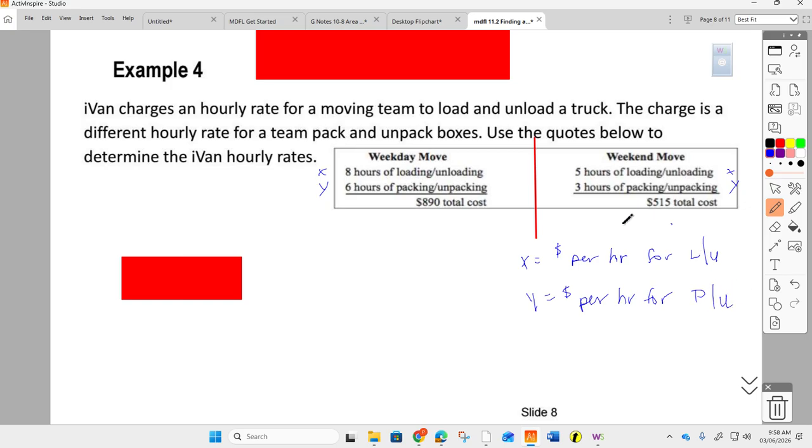Whatever the price is times 8 hours plus whatever the price is times 6 hours equals their total cost of $890. So weekday move versus a weekend move. 5x plus 3y equals 515.